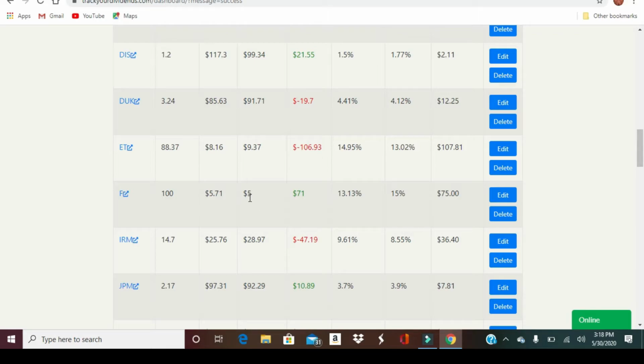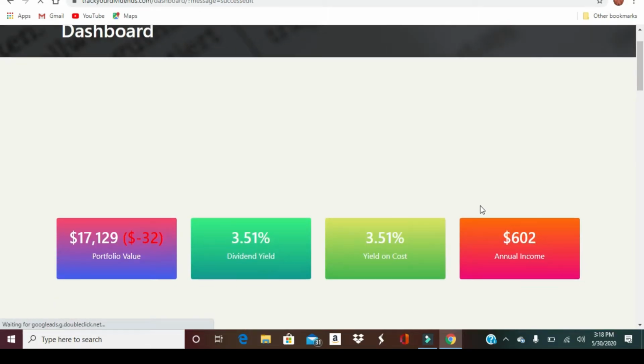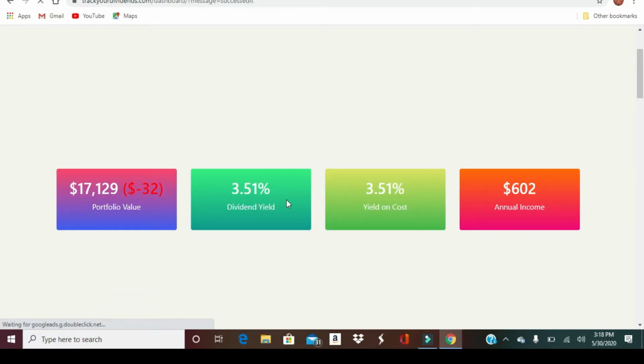The price that I bought Ford at was $5, giving me a profit of $71. And you can see the annual income, $75. That's how much I'll be getting by owning 100 shares of Ford. But because I'm not owning Ford, I'm going to go ahead and delete it, and then it will go back to my original portfolio value.